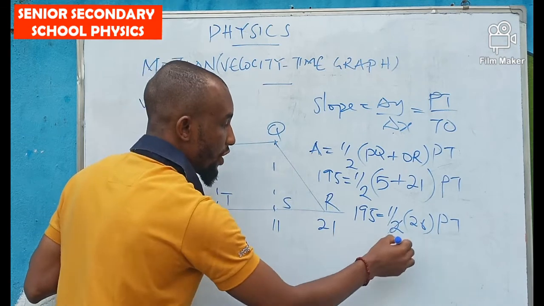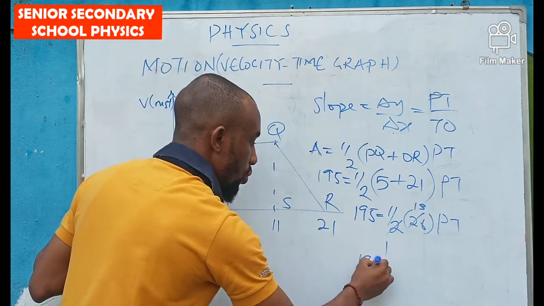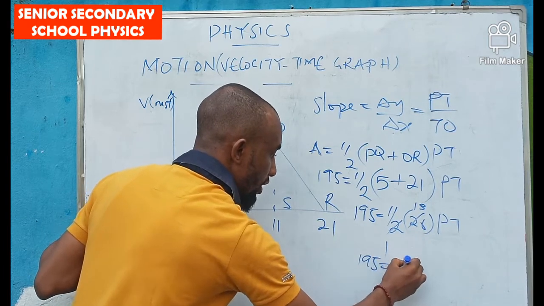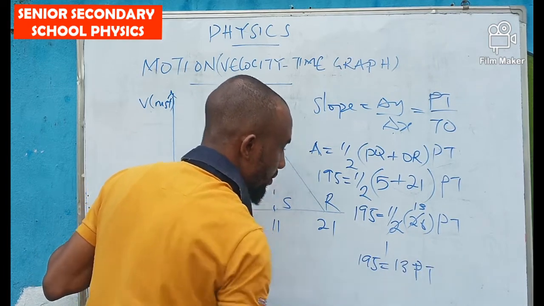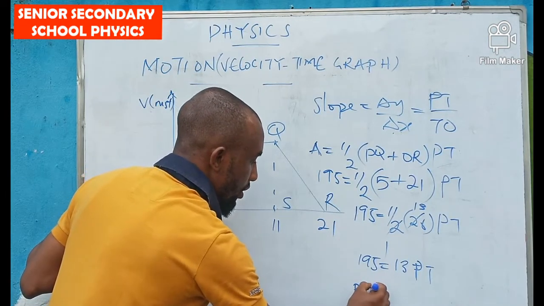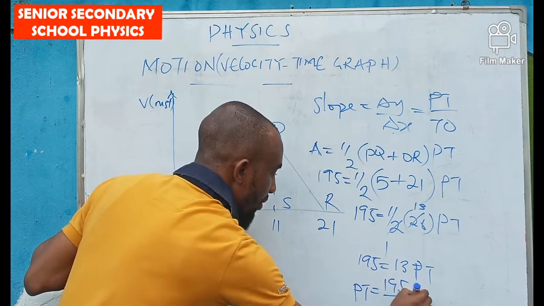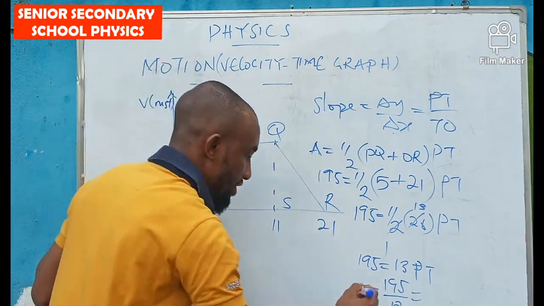Two into 26 gives 13. So 195 is equal to 13 PT. PT will be 195 all over 13, and that gives us 15.